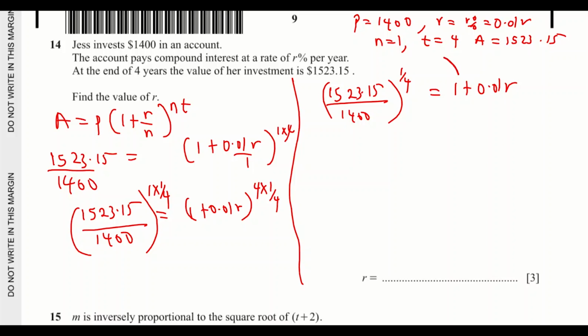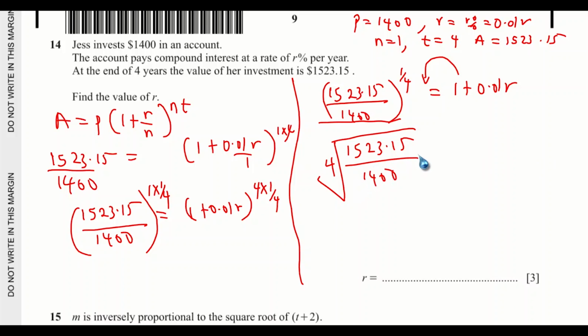We can write this as the fourth root of 1523.15 over 1400, then minus 1 equals 0.01 r.